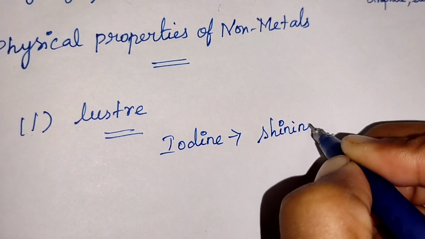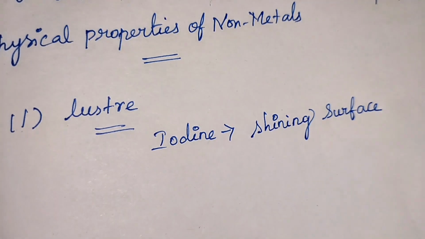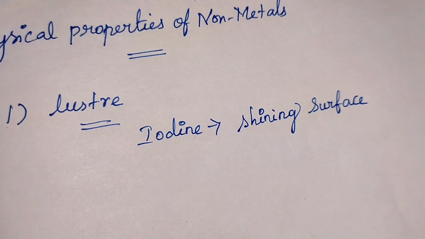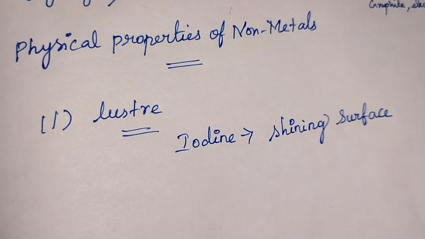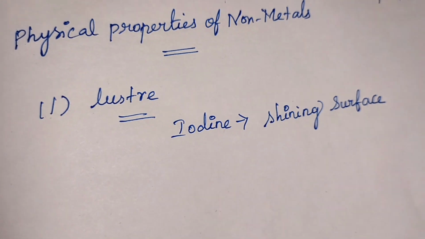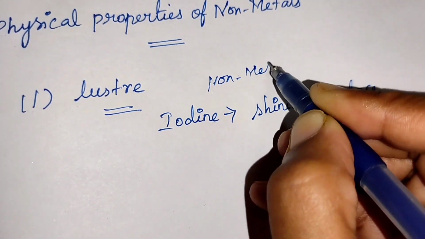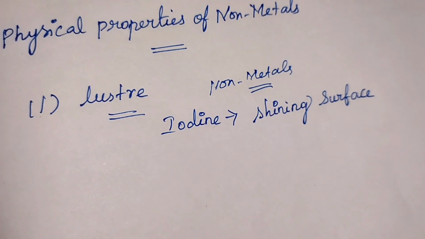So this is similar to metals. In metals, gold, iron, in a pure state, iron has a shining surface, no? So that property we call luster. Like that, in non-metals, iodine has the luster property. It is in a shining state.